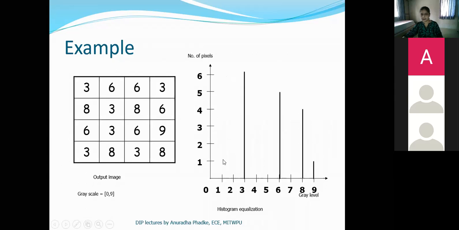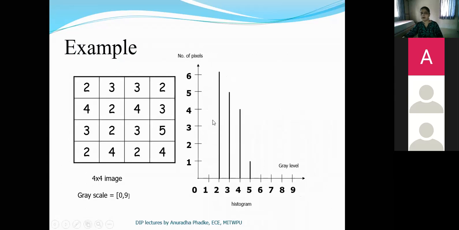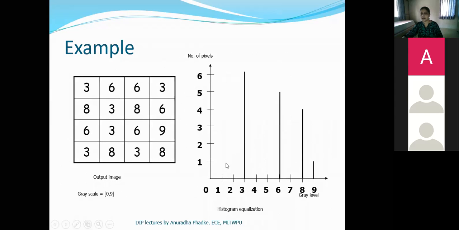Now just compare this equalized histogram with your original histogram. This is the original histogram. So the original histogram was concentrated between 2 to 5. And now if you look at the equalized histogram, as compared to the original histogram, it is spread over a greater range. Now this histogram is between 3 to 9.